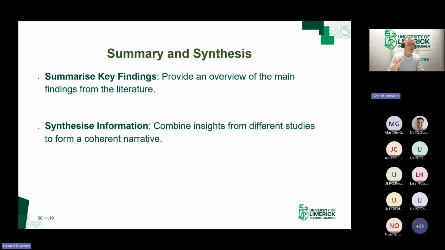You might find when you're doing a study like this that the studies you're looking at will talk about things like anxiety, self-esteem, depression. What you can do is group these studies by common themes to see how they all interrelate. And then you could combine and contrast the findings.